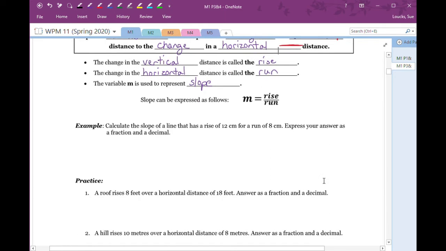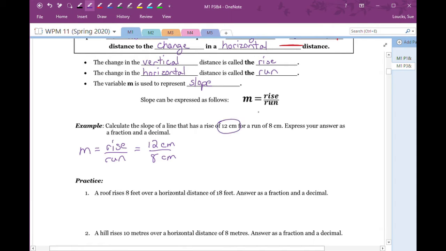Let's do an example. Calculate the slope of a line that has a rise of 12 centimeters for a run of 8 centimeters. So we have our formula that m equals rise over run. So this equals, the rise is 12 centimeters and the run is 8 centimeters.